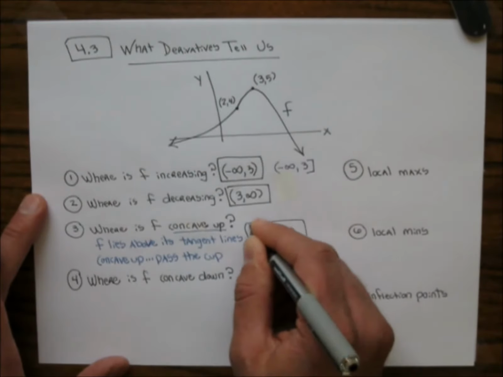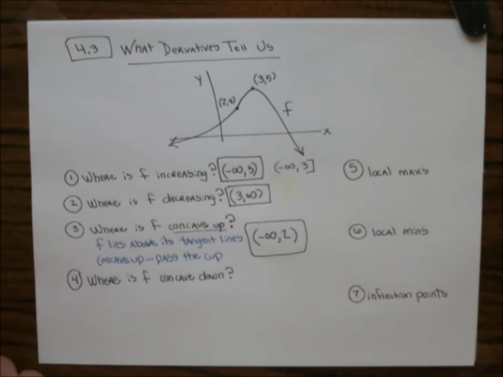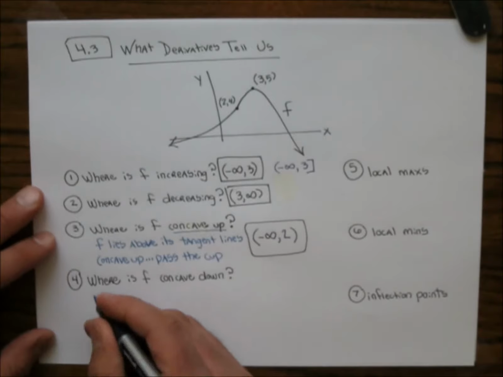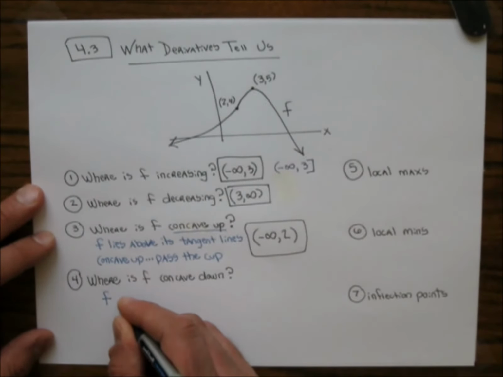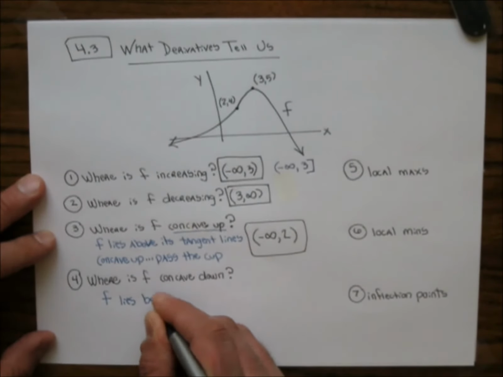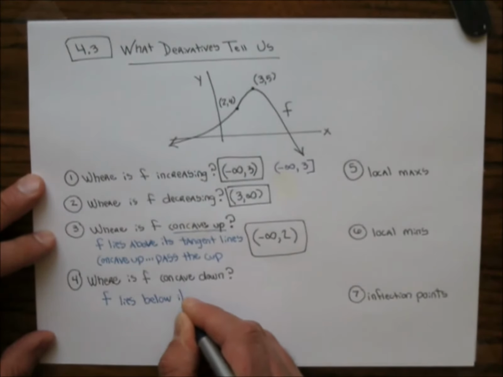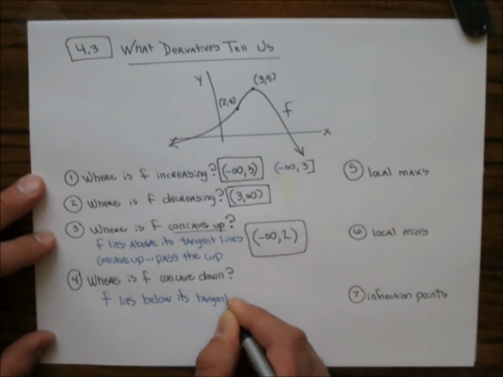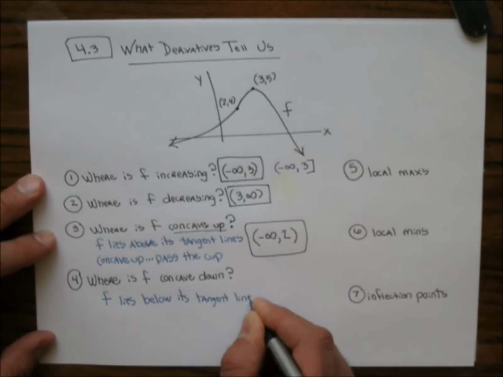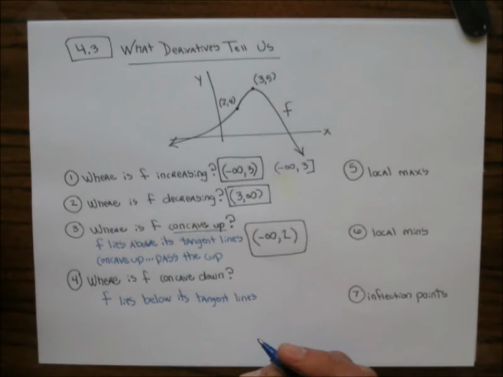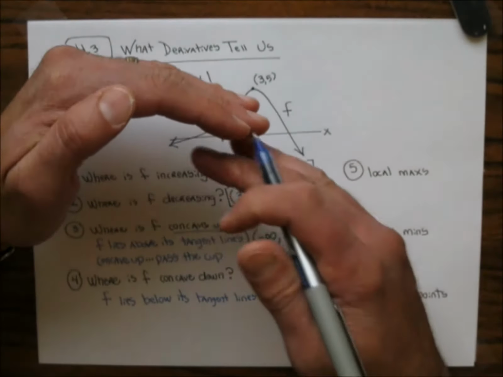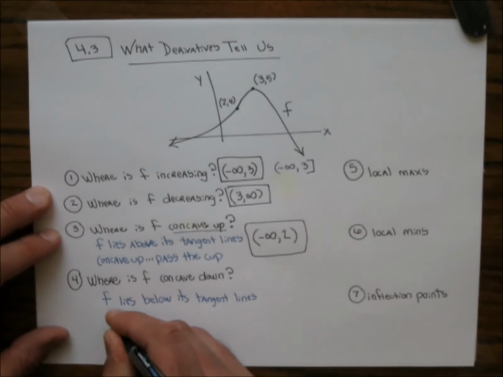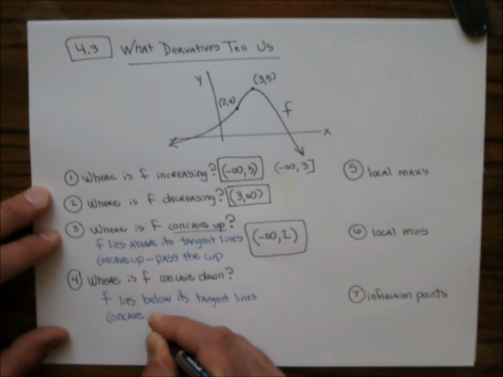Now, concave down. One way of looking at that is f lies below its tangent lines. But maybe the better way is the curvature is facing down. Or here's another clever thing that someone came up with.